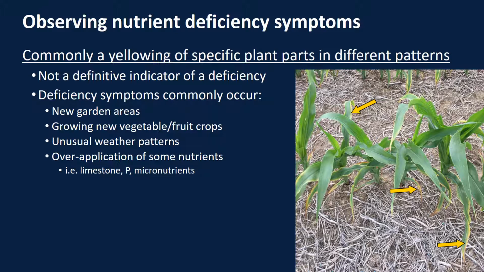And sometimes we can even see deficiency symptoms if we apply too much of certain nutrients. So if we over-apply limestone, if we over-apply phosphorus, or add too many micronutrients, we can sometimes get toxicity symptoms, which look similar in some cases to deficiency symptoms. And then of course, if we haven't managed our soil very well in the past, we could see some issues arising from that as well.